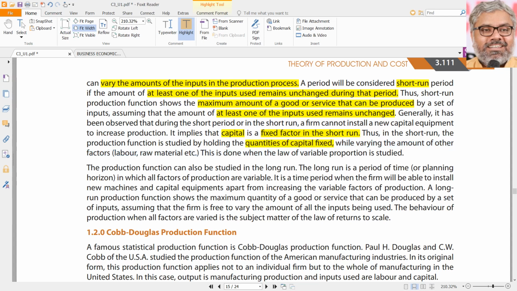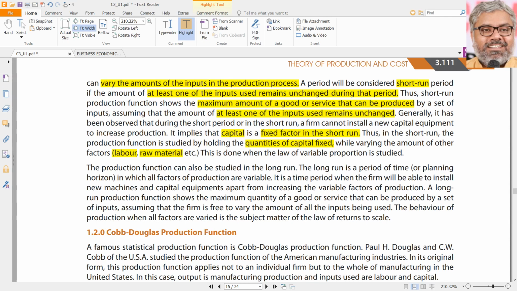And then we can vary the other factors, like for example labor or raw materials. In the short run also, suddenly you need more laborers. Possible, though not that easy, possible. You need 100 more people. There are organizations who can supply people also.